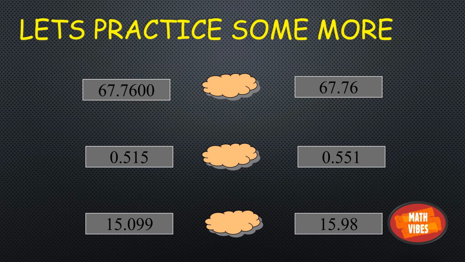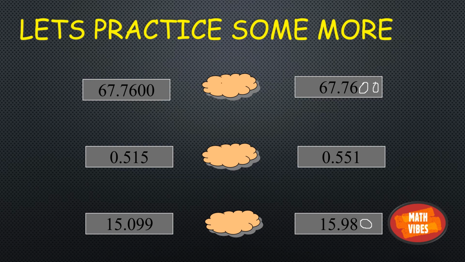Tick tick 1, tick tick 2, tick tick 3, tick tick 4, and tick tick 5. Time is up. So I will solve the answers and you just check whether you have done it like this or not. Firstly, I am quickly converting them into like decimals, and after that just check your answers.